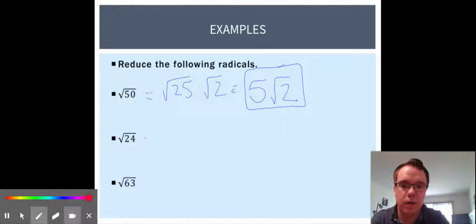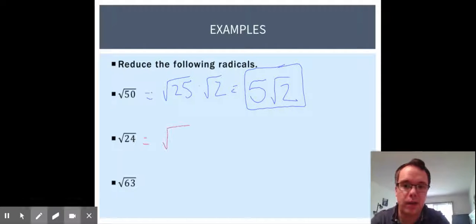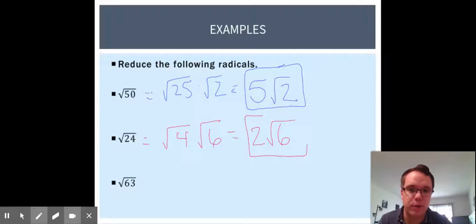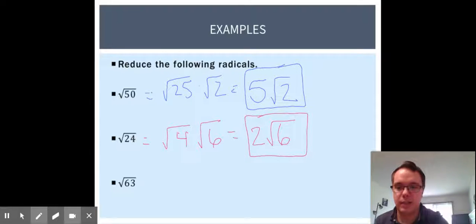So I'm going to rewrite the square root of 24 as the square root of 4 times the square root of 6, which gets us 2 square root of 6. There are no more perfect squares that go into 6. It's just 3 times 2. So we are as simple as we can get it. So that is 2 square roots of 6.